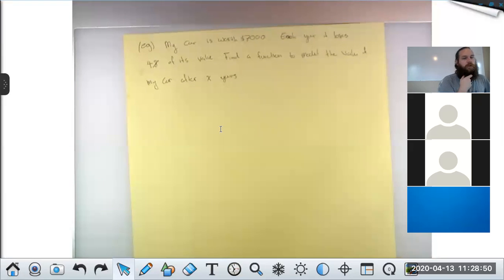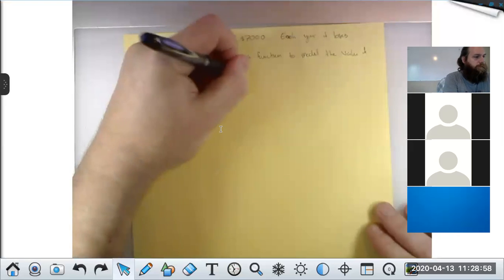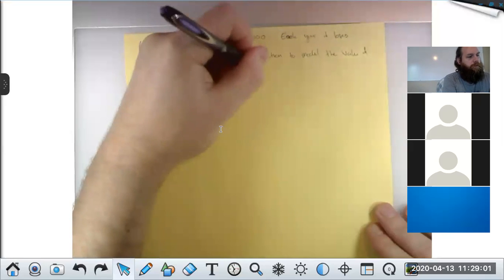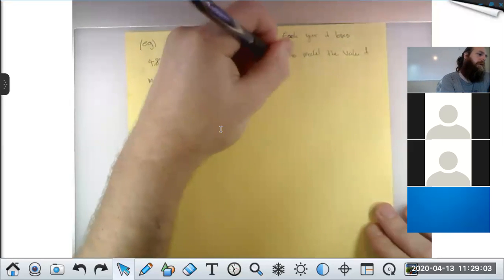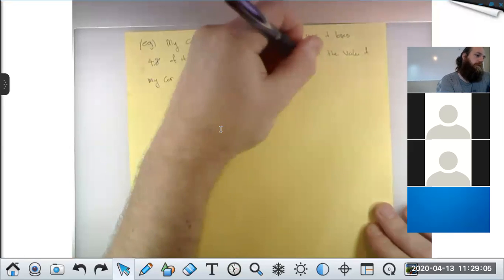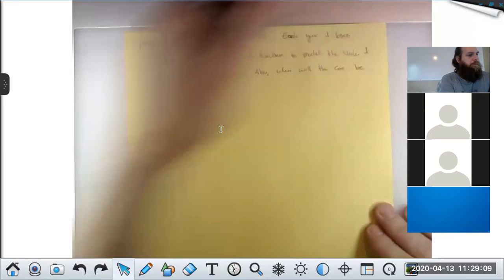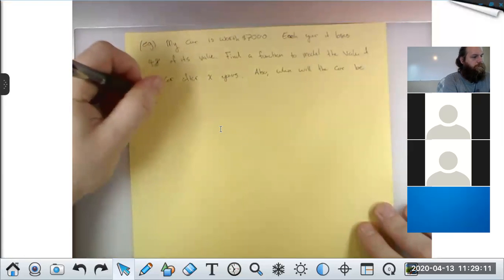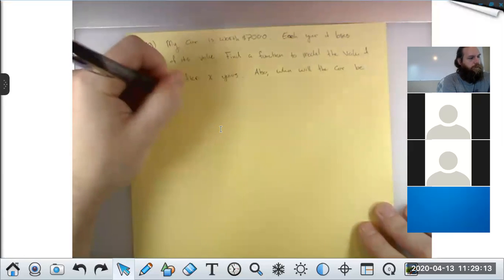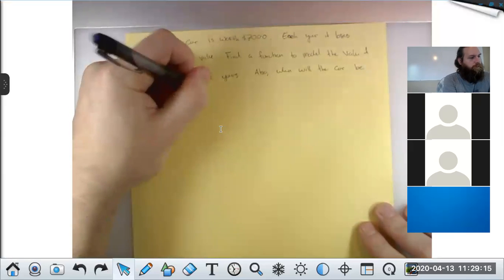Right now I'm worth $7,000. Can you find me a function that will tell me the value of the car after 2 years, 3 years, 4 years, 5 years? And then also, when will my car be worth only $3,000?